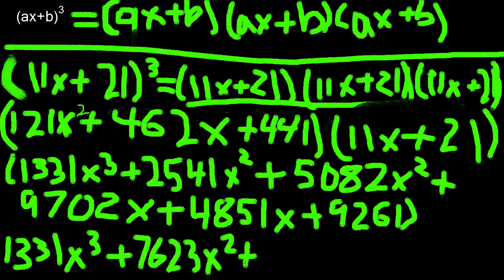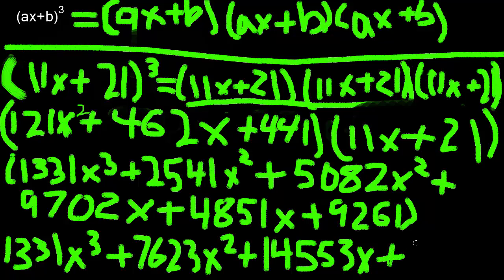Now this is going to be a big one. And we have 9,702 plus 4,851. And that is 14,553x, and then, as I said, the first and last terms with these examples never combine with anything.